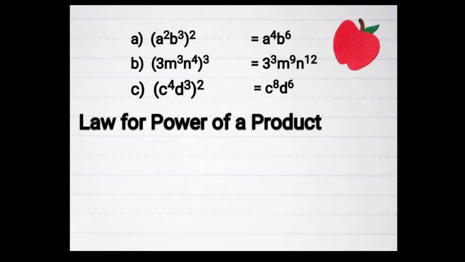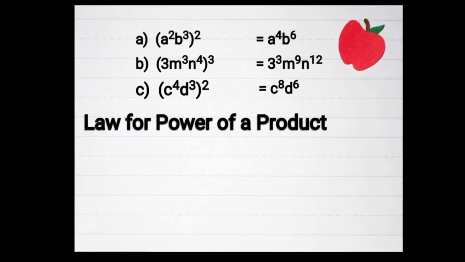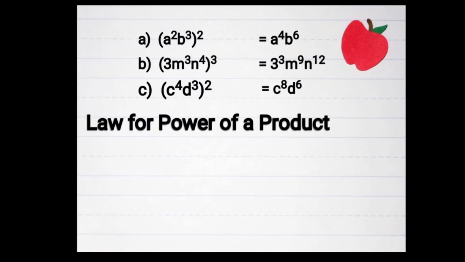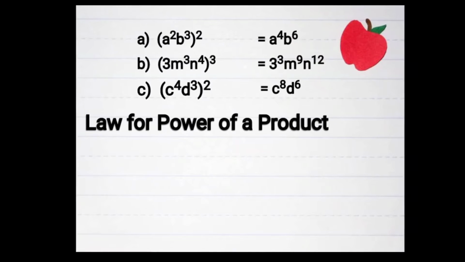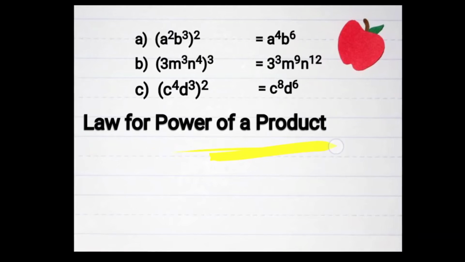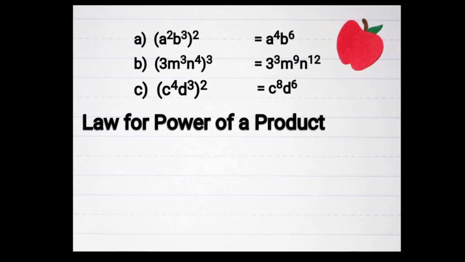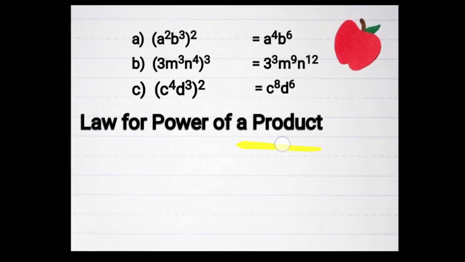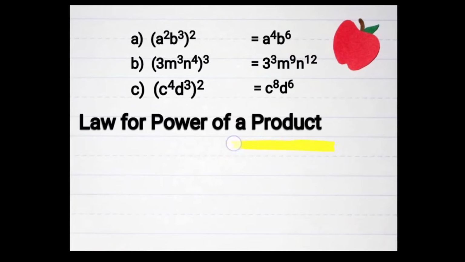Next law, we have the law for power of a product. On the previous law, there is no operation inside the parentheses. On the other hand, for the law for power of a product, there is an operation inside the parentheses, which is the multiplication because of product.